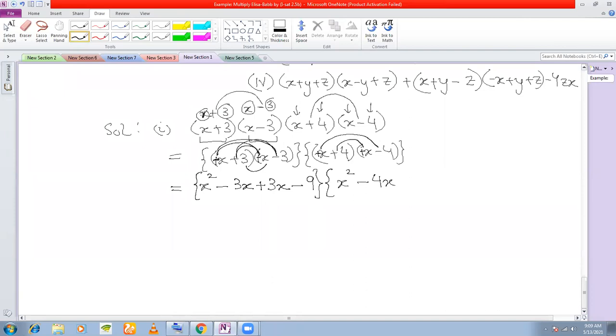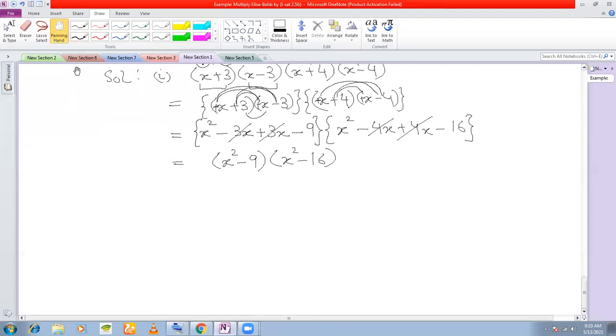Then this combines to give you a plus. And finally, plus combined with minus gives a minus, 4 into 4, 16. Okay, so now what do you see? Minus 3x plus 3x cancel here. Minus 4x plus 4x cancel here. What are you left with? You're left with x square minus 9, and here x square minus 16.